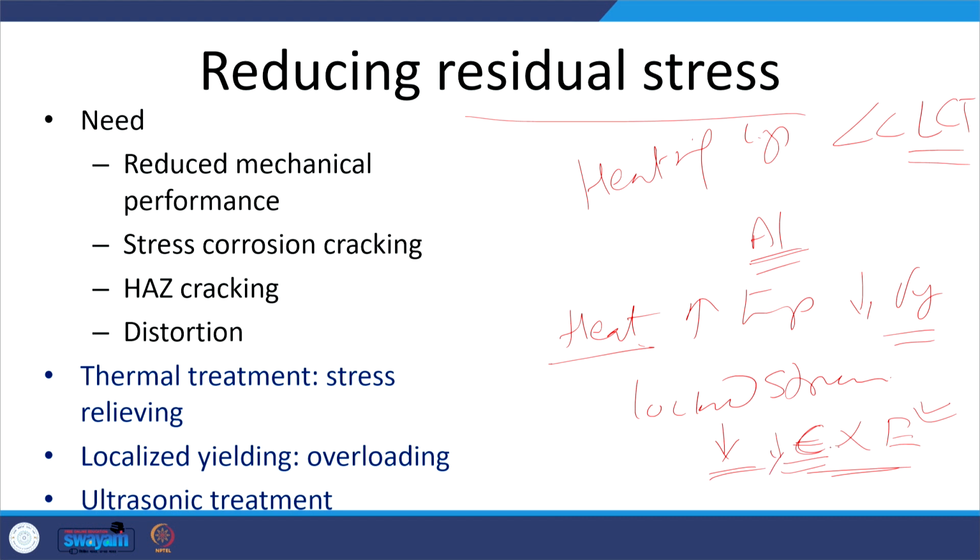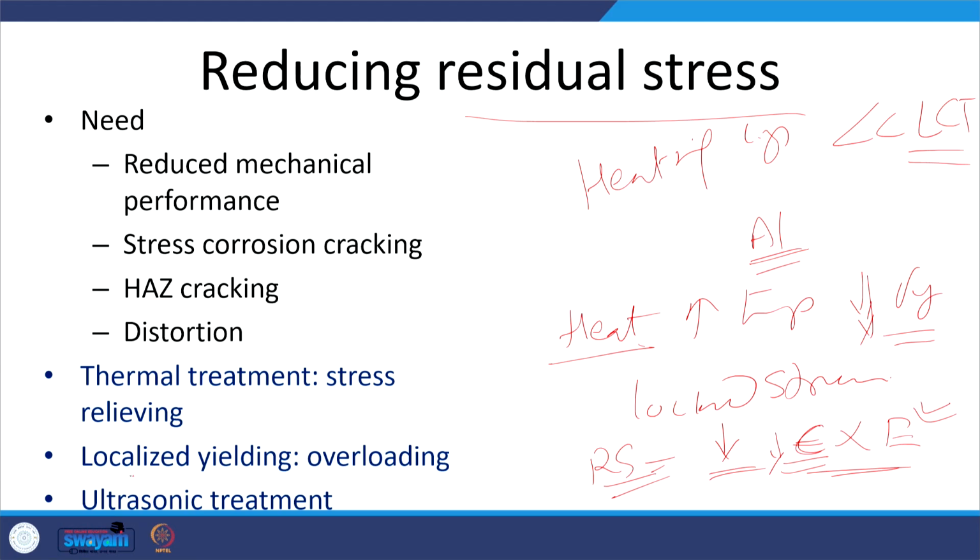If this is reduced, then the residual stress magnitude will also be reduced. This is simple logic. The higher the temperature, the greater the reduction in yield stress, the greater the relieving of locked-in strain, and the greater the reduction in residual stresses that will be realized.